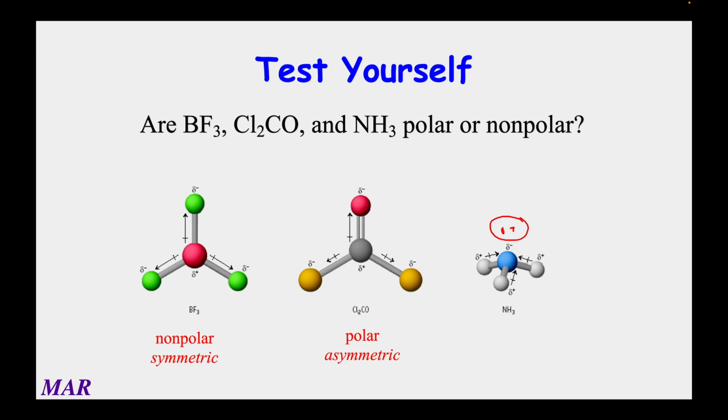It has 3 hydrogens and a lone pair. That lone pair breaks the symmetry. It's an asymmetric molecule, and it's going to be polar. So be careful of the lone pairs. Sometimes they don't show up, but a lone pair will also break the symmetry, making it polar overall. And again, I hate to always say it, but if you have to guess, polar. But that being said, that far left one was symmetric. That's going to be a non-polar molecule.